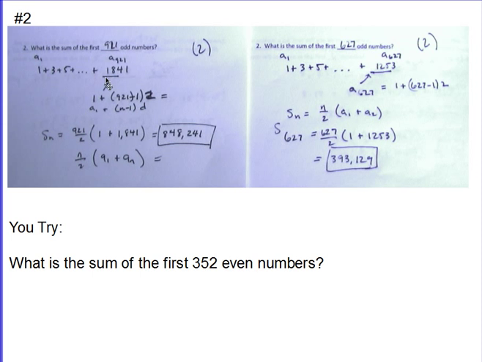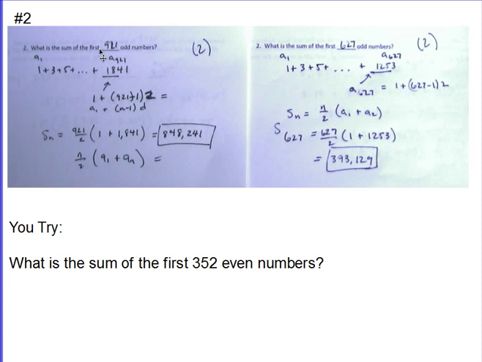So really what I need to do is use the formula for an arithmetic sequence to find out what the 921st odd number is, or the 627th odd number. So I start with a sub 1, which is 1, plus n minus 1 times the constant difference, which would be 2. To find the 921st term, I just substitute that in for n, 1 in for a sub 1, and 2 in for d, and I get 1,841.